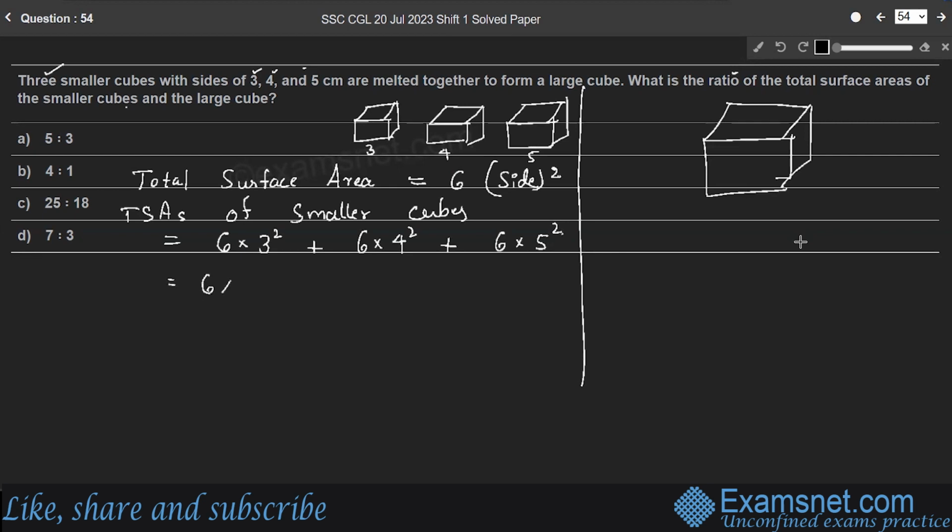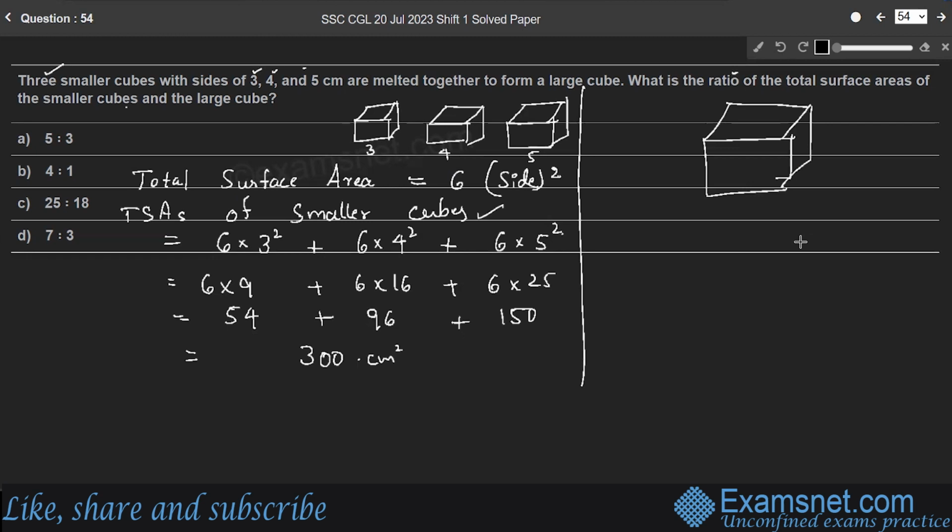So 6 into 9 plus 6 into 16 plus 6 into 25. So 54, 16 into 6 is 96, 25 into 6 is 150. So together it is 300. So 300 centimeter square is the total surface area of the smaller cubes.